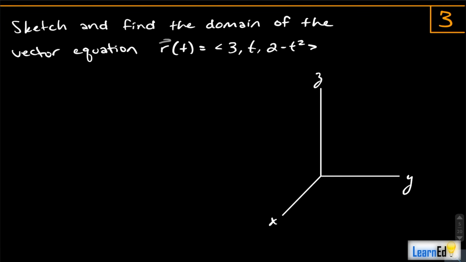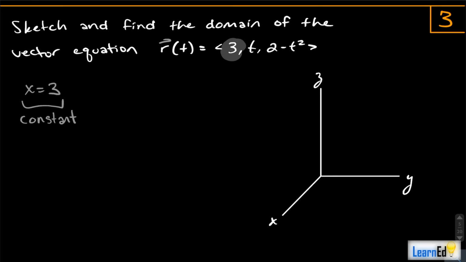all we have to do from this point on, honestly, is just see how each individual parameter is behaving. So, for instance, since 3 is in our x entry, we just have x equals 3. Okay, this is something that's constant. So this entire curve is going to be happening where x equals 3.